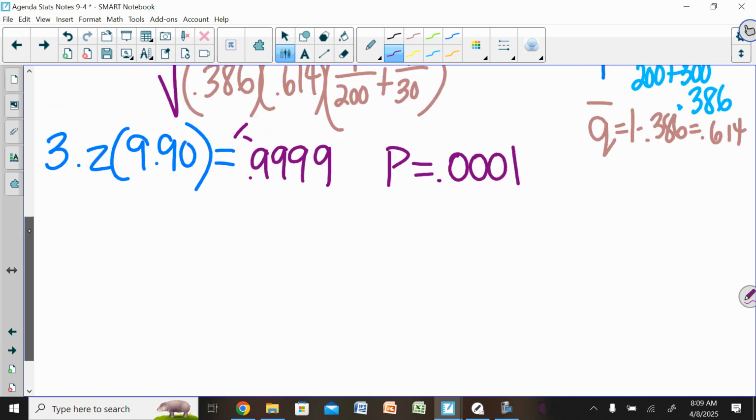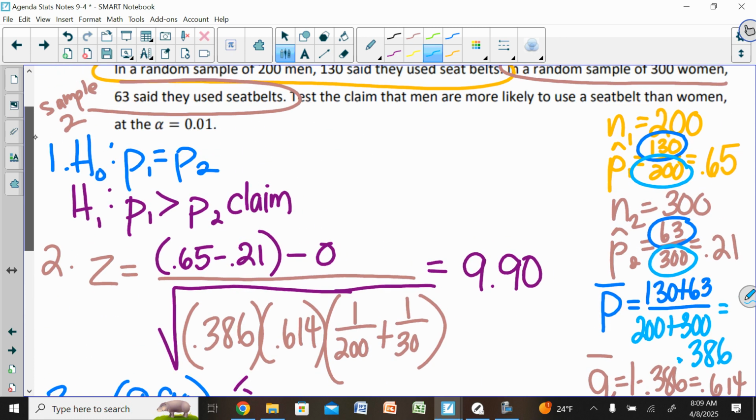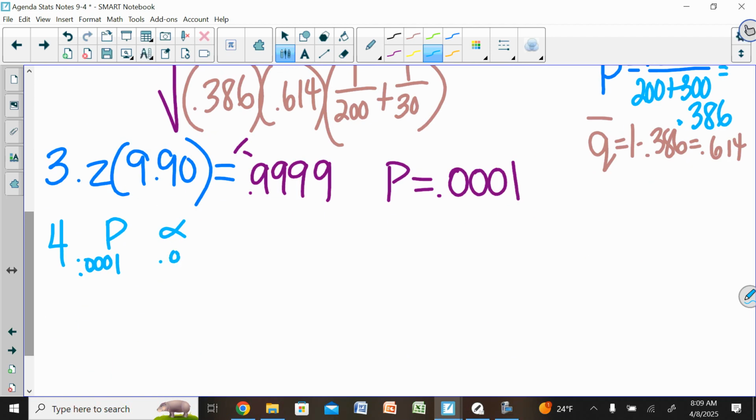So for step 4, I am going to compare my p-value, my 0.0001, to my alpha. No alpha over 2 in this case, remember, because 0.01. It's a one-tailed test, so my p-value is definitely incredibly less than my alpha, which means I am going to reject H sub 0.